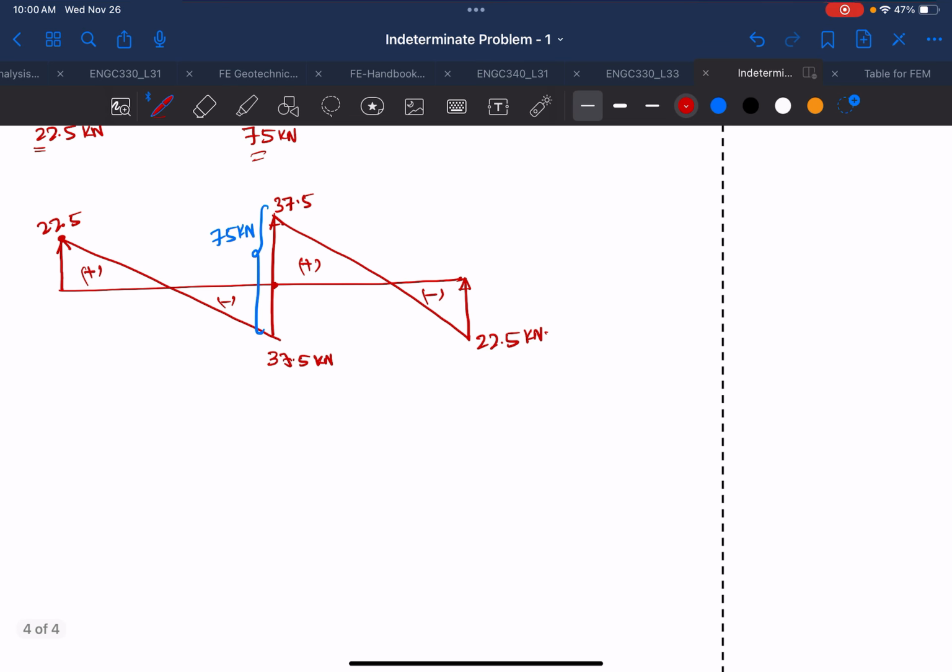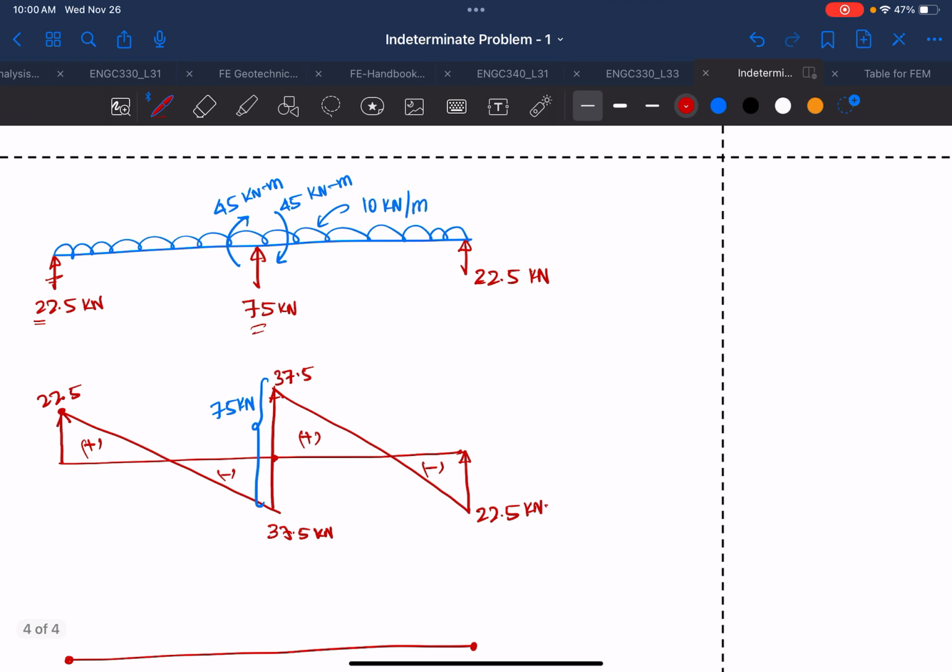For the bending moment diagram, this will be 0, this will be 0. If you take out this beam, what does this moment do to the beam? It creates a hogging. This one, because it's positive, has to be counterclockwise. Remember that this is negative, so we change it to clockwise. This is positive, so it has to be counterclockwise.